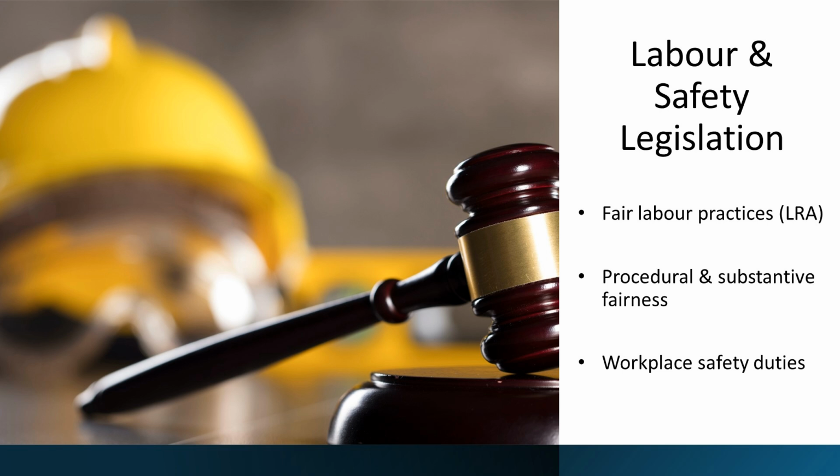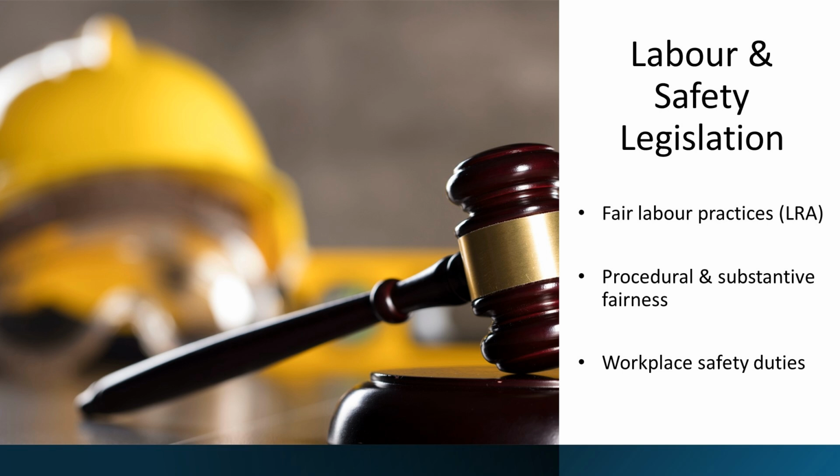The Labor Relations Act, LRA, outlines the rules for fair labor practices, including how to handle misconduct, grievances, performance issues, and dismissals. For production supervisors, this means that disciplinary action cannot be taken impulsively or emotionally. It must follow a structured, consistent, and legally compliant process.